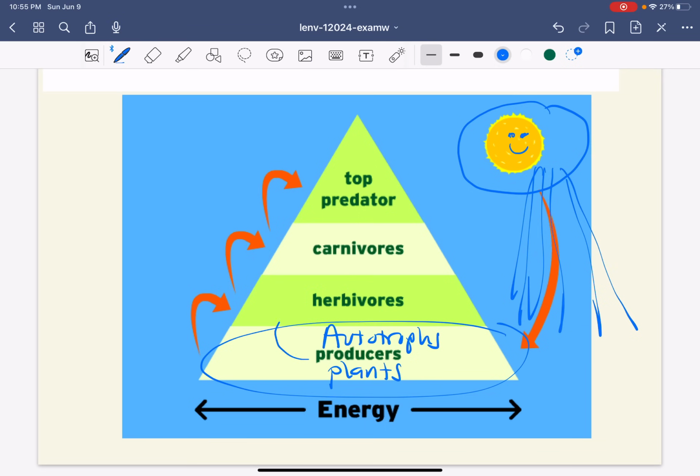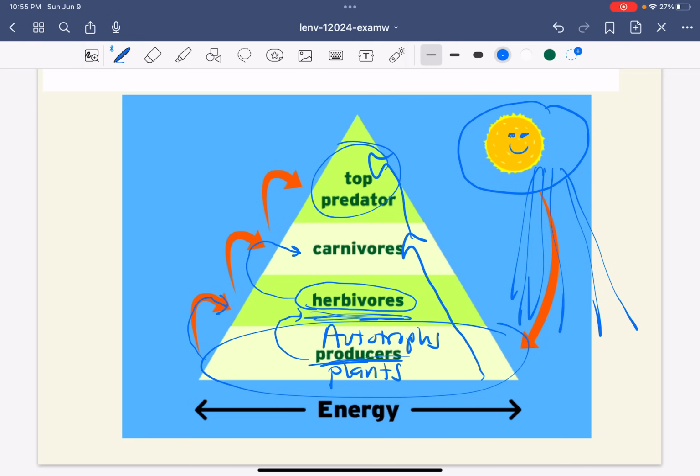Then the next level, the energy is lost in heat, moving up. And what eats plants? Herbivores. These could be insects, small animals, or large animals like cows and deer. And then what is going to eat these animals? Carnivores. And as you go up, the energy is lost by heat and energy transfer.